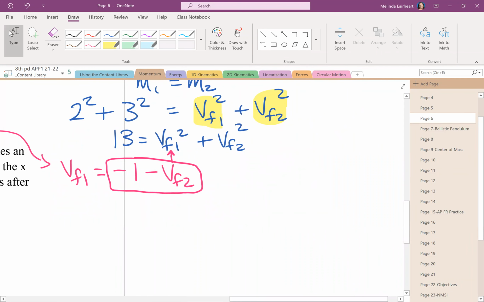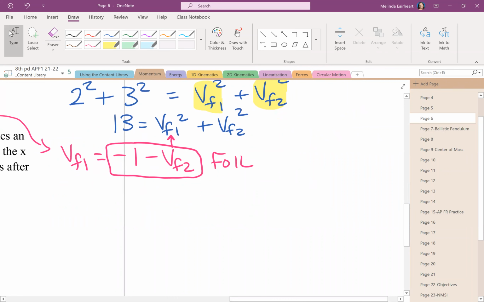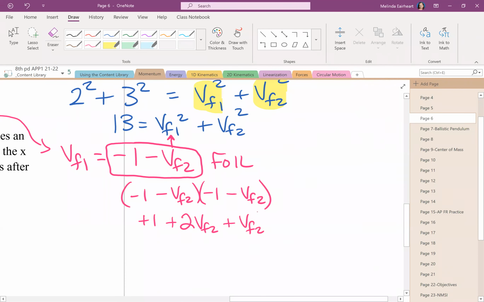Oh no, what F word are we going to have to do? We got to FOIL, okay? And so let's FOIL. And so we would get what? +1 plus 2 VF2 plus VF2 squared.